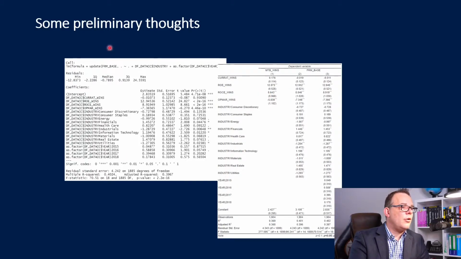So the output given by, let's say, R or other statistic software, will be turned into those beautiful tables. And there we see those asterisks that indicate if there is a statistical significant relationship or not.